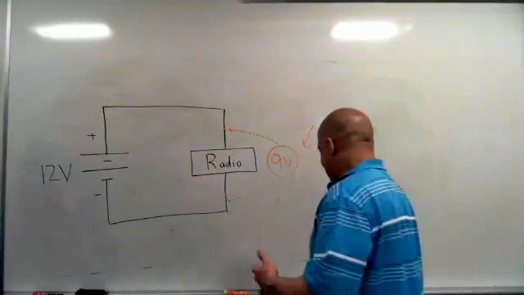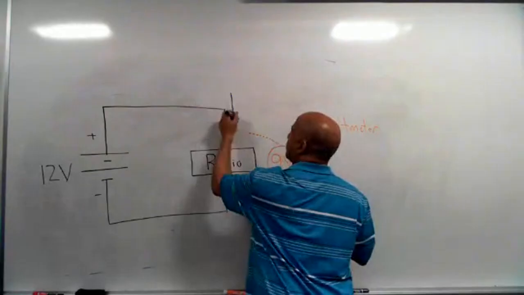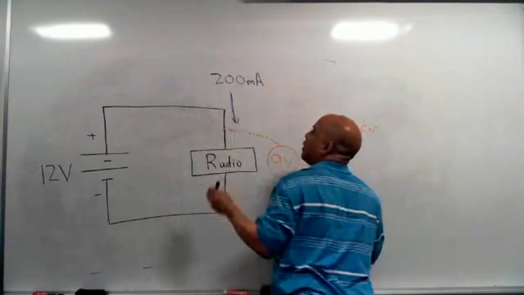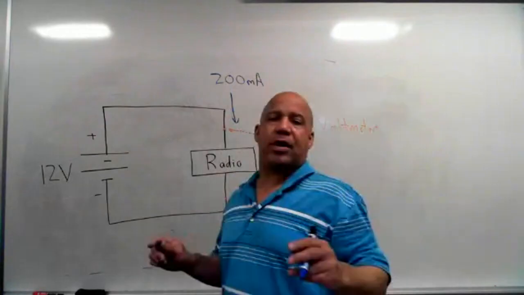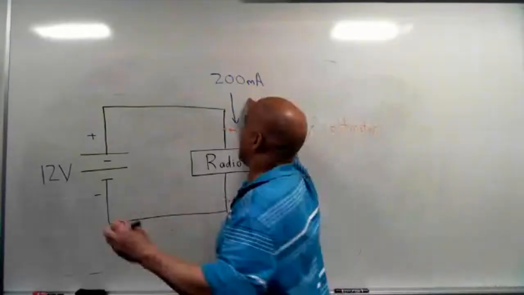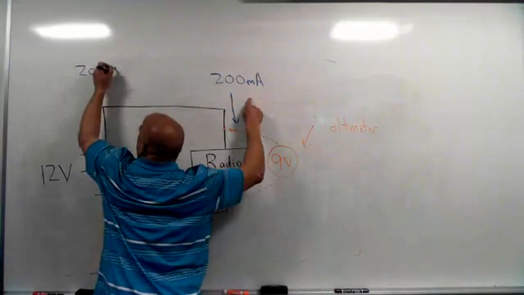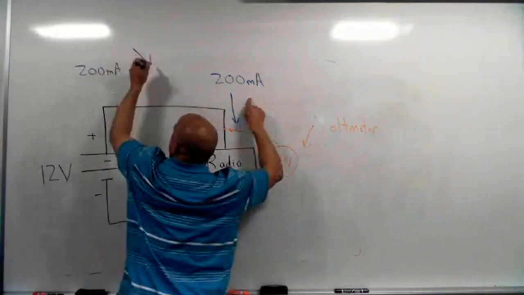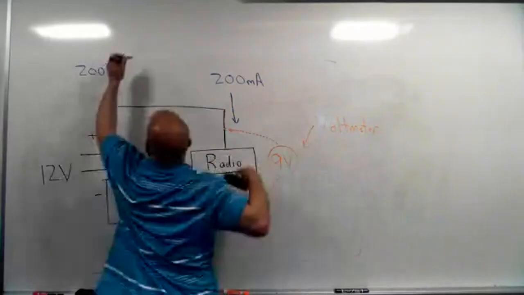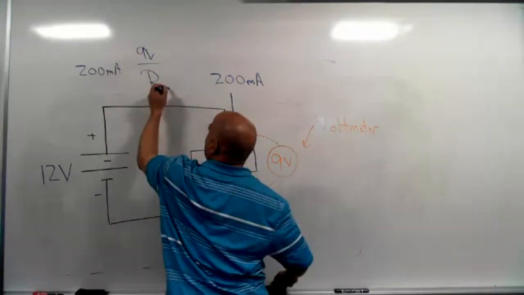Well, it says in the problem statement that the current draw is 200 milliamps. What determines the current something takes is the resistance of the device. So that 200 milliamps is 200 milliamps because you took the voltage across the radio, the 9 volts, divided by the resistance of the radio.